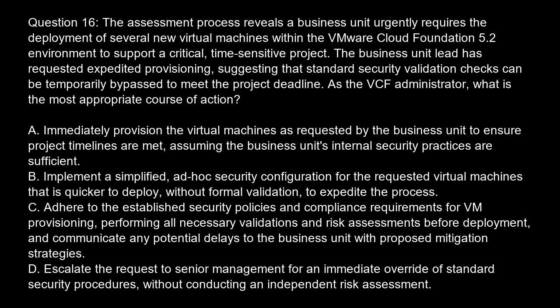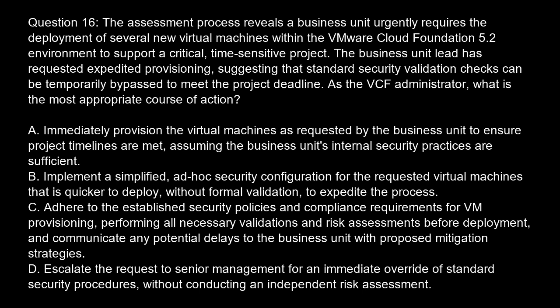Option A. Immediately provision the virtual machines as requested by the business unit to ensure project timelines are met, assuming the business unit's internal security practices are sufficient. Option B. Implement a simplified ad hoc security configuration for the requested virtual machines that is quicker to deploy without formal validation to expedite the process.